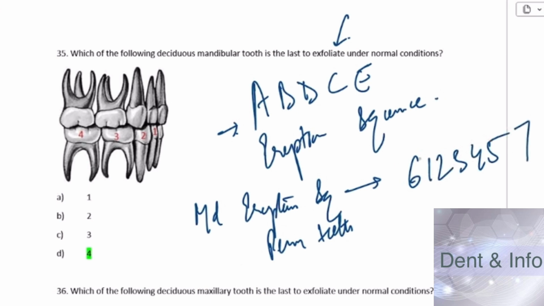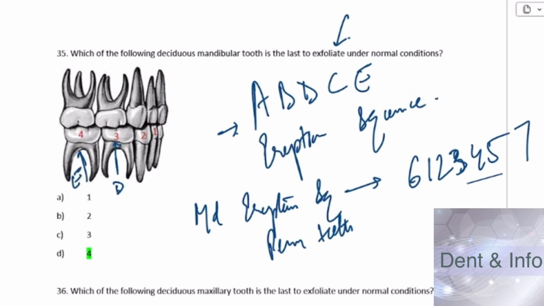There is no exception. 6 is coming first, then 1, 2, 3, 4, 5, 7. So here we know that 3, 4, 5 is in sequence. So which is the last tooth to be replaced? Though they have used the numbers here, don't get confused. 3 is basically D. Number 4 is basically E.